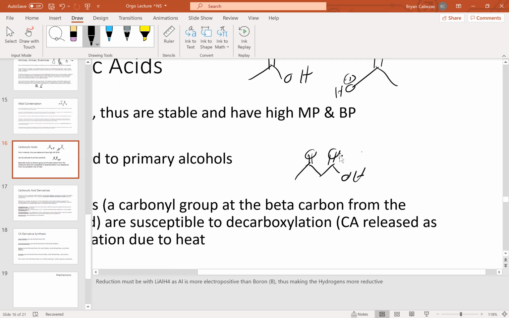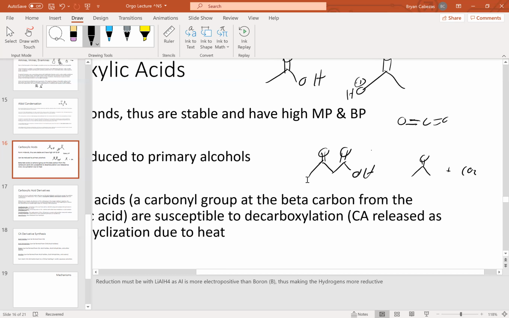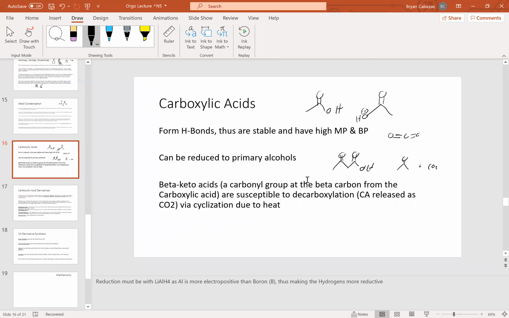As you can see in a carboxylic acid, there's an oxygen here, and an oxygen here. Remember, this is what a CO2 molecule looks like. So this oxygen here and this oxygen here is just going to roll off and bounce, leaving this molecule plus your CO2.